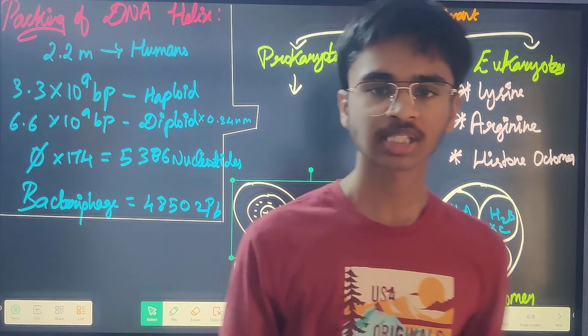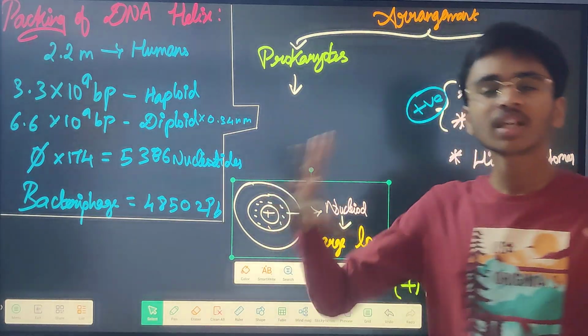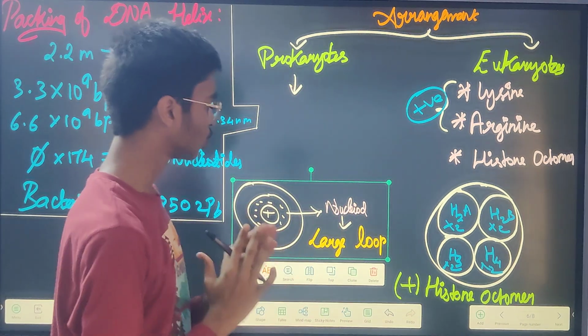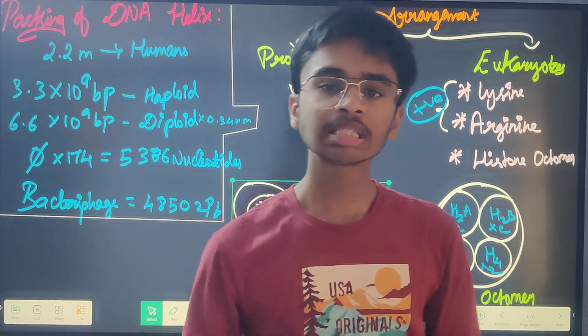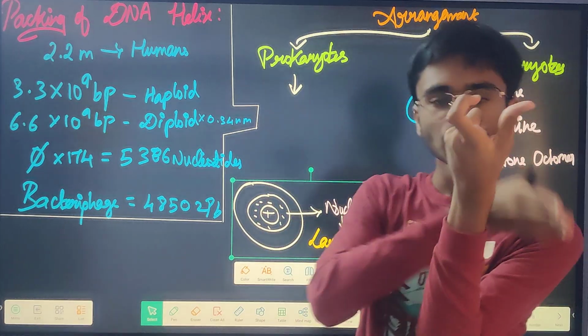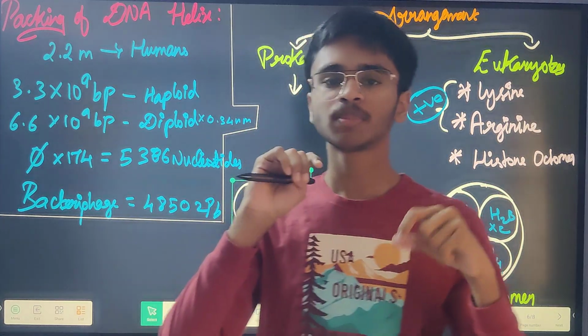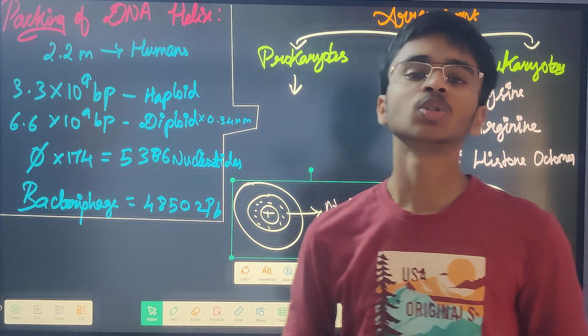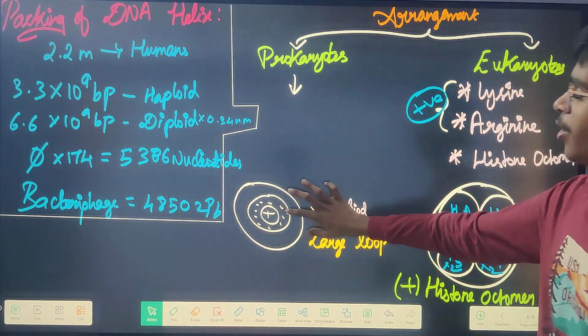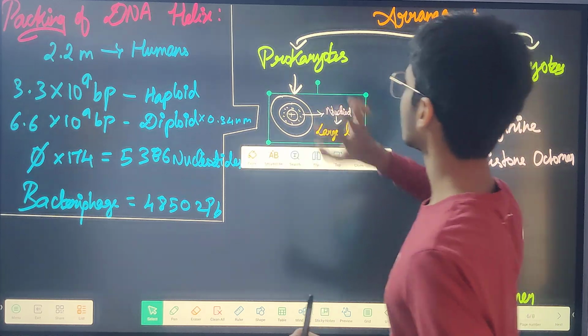It will be in some part of the cell, and it will be compact. It will be forming a big loop because there will be some positive proteins and then this negative DNA. Around this positive protein, this negative DNA molecule will be there, and that will be forming a loop. That loop is known as the nucleoid. This is in prokaryotes.